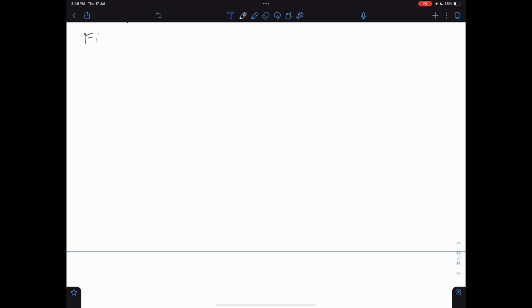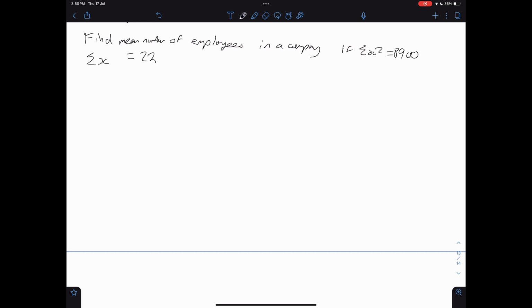find the number of employees in a company if the sum of the employees squared, sum of x squared, equals 8,900, sum of x equals 220, and the standard deviation equals 18.